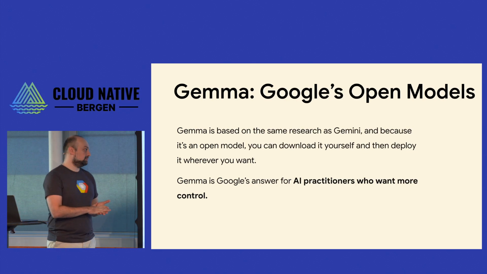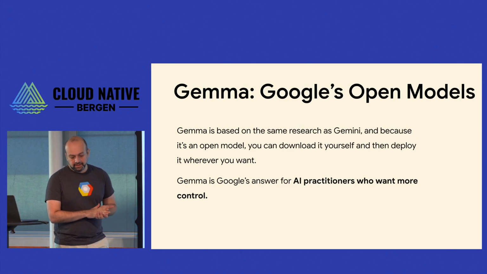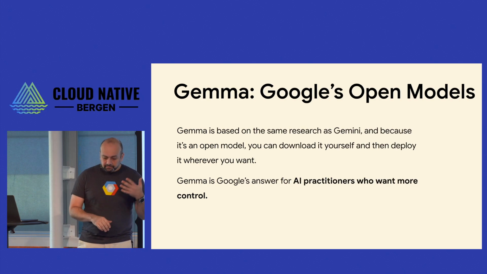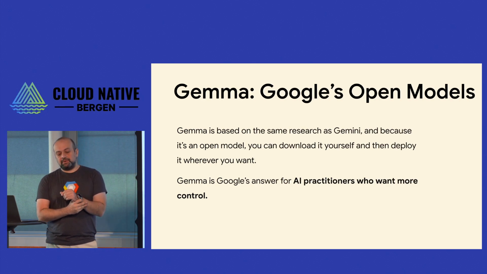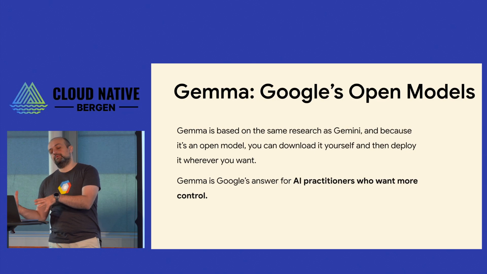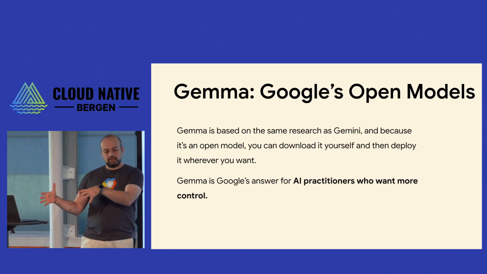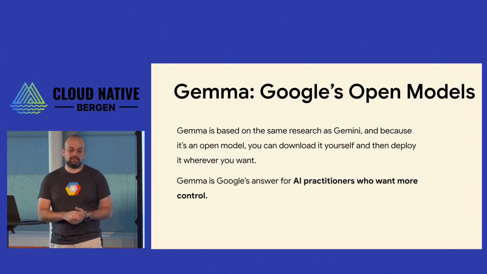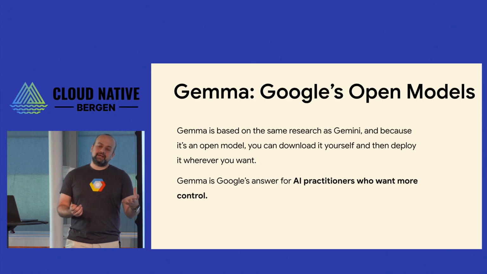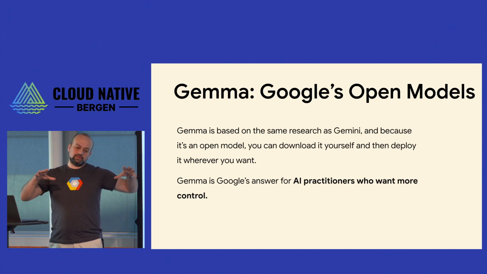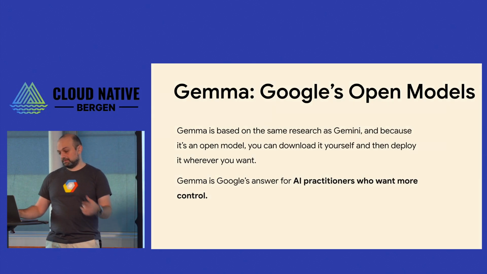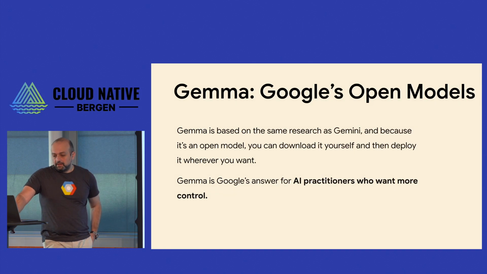This is an open weights model by Google that is based on Gemini, which is not an open model, but they actually tell you how you can fine-tune it as well. We'll talk about fine-tuning in a bit as well.